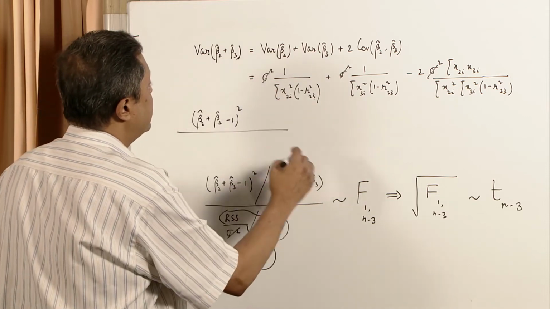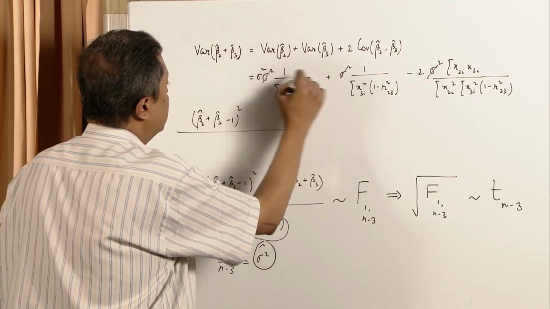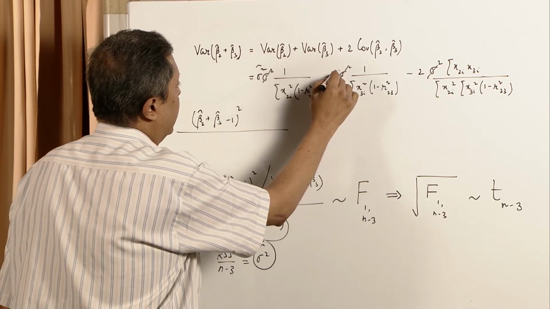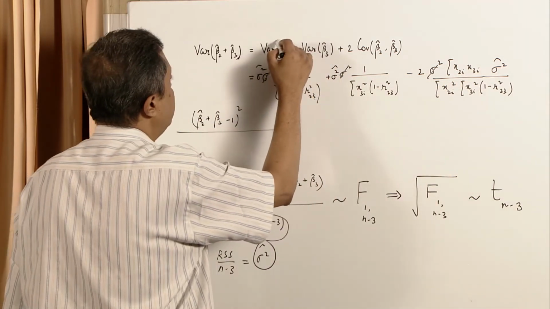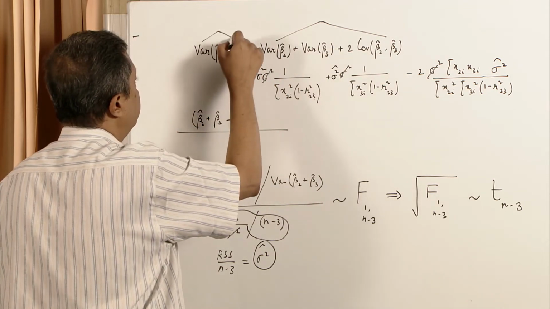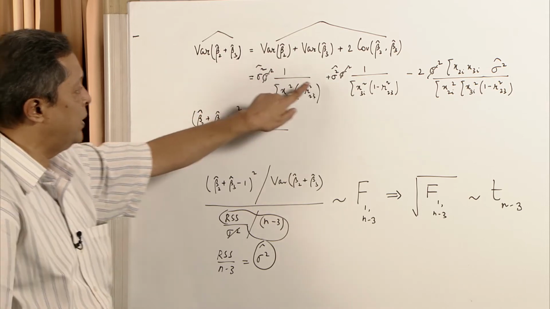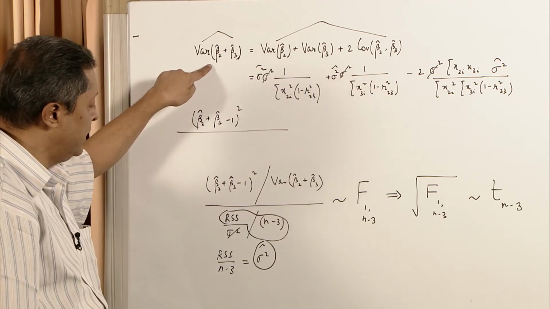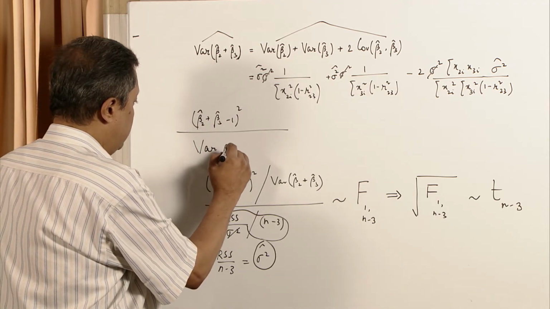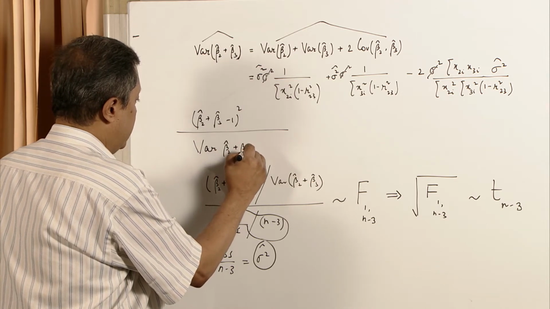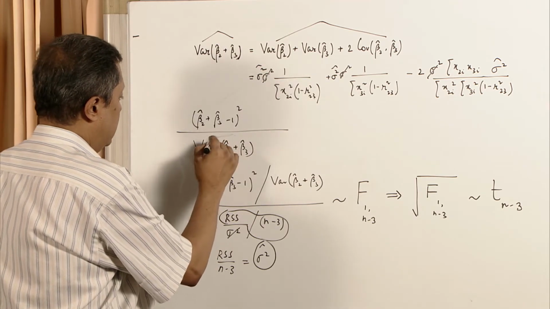So, instead of sigma square, we now have sigma square hat, which gives us the estimated variance of beta 2 hat plus beta 3 hat in the denominator. So, we write this as the variance of beta 2 hat plus beta 3 hat, the estimate of that. Put a hat to denote the estimate.